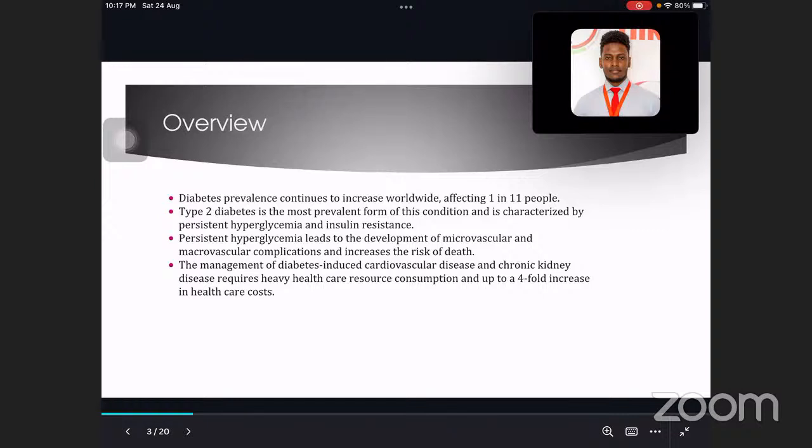The persistent hyperglycemia could lead to development of microvascular and macrovascular complications and increase the risk of hospitalization and death. The management of diabetes-induced cardiovascular diseases and chronic kidney diseases requires heavy healthcare resource consumption and up to a fourfold increase in healthcare costs.